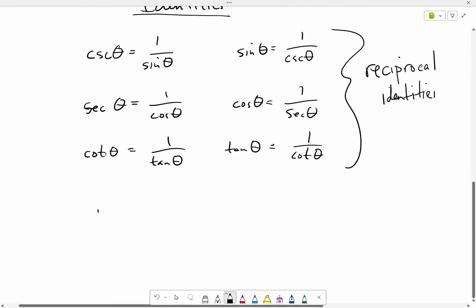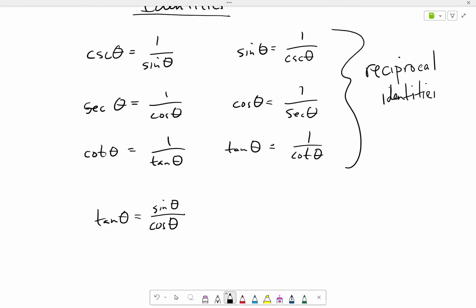Yeah, we know that tangent of theta is equal to sine theta over cosine theta, and we know that cotangent of theta is equal to cosine theta over sine theta. Okay, 8. We have 8 identities. And we're going to do a whole lot more today.